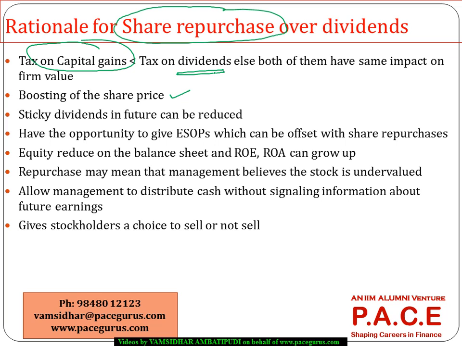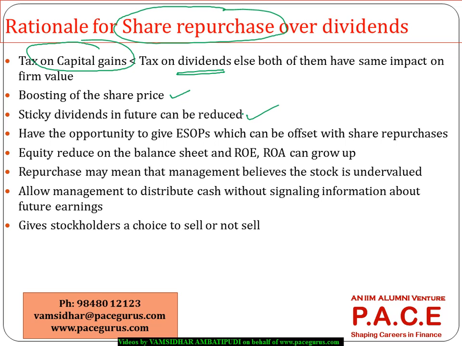And as we have discussed earlier, in a particular year where the cash flows are very high, instead of declaring a high dividend and getting caught in higher expectations for the future years, the company can avoid that route by simply doing a share buyback and keep the dividends more or less sticky.